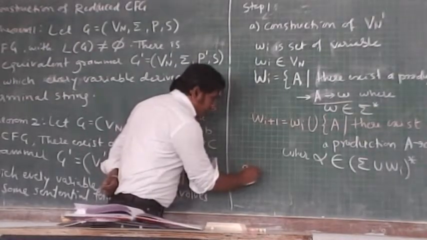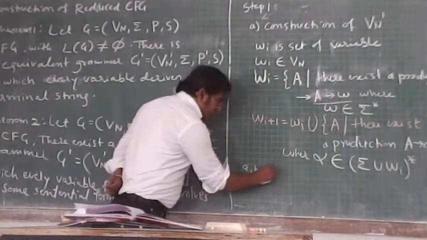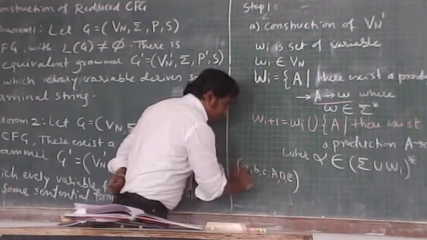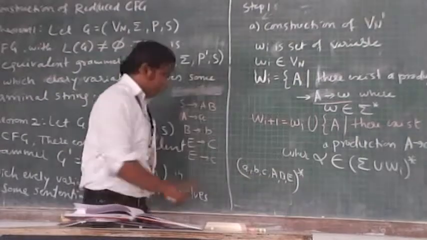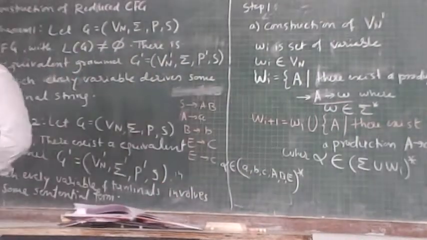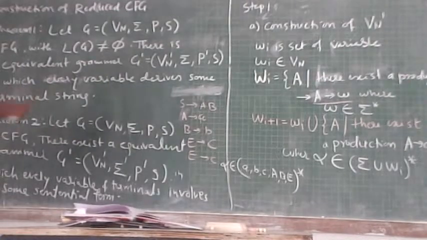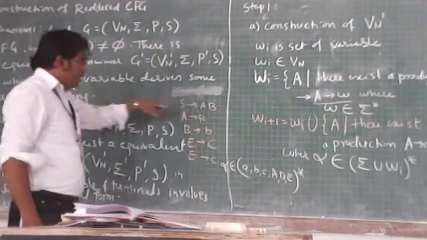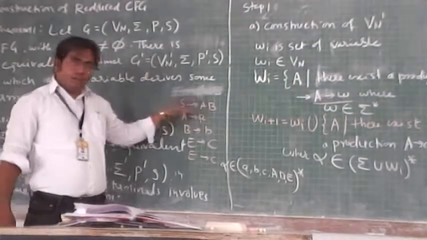A, B, C, A, B, E, and its star. My alpha belongs to this one. Alpha should be one of the elements of this closure.